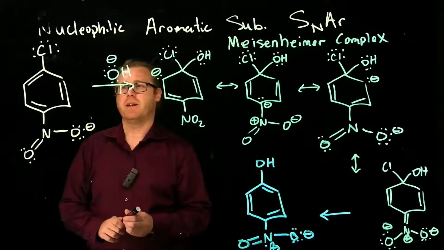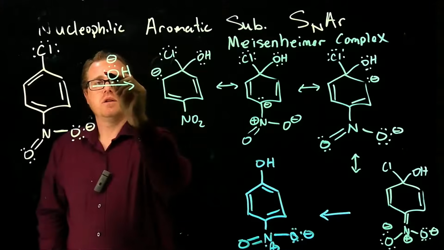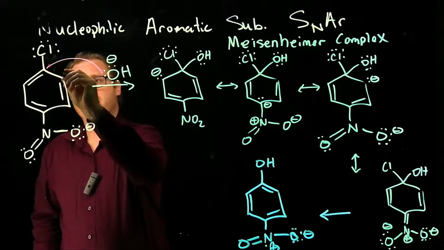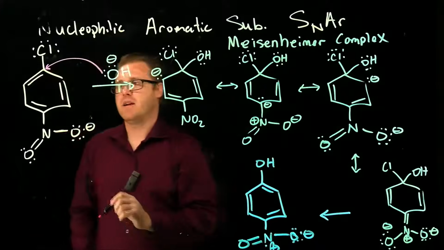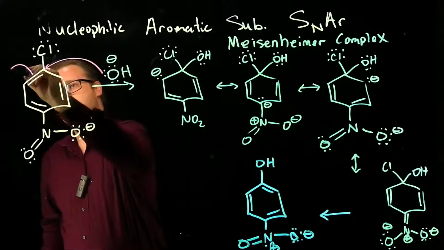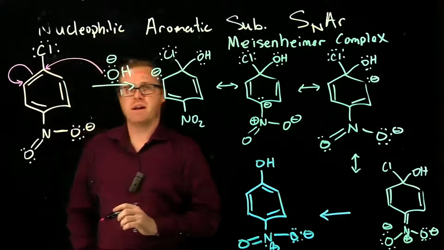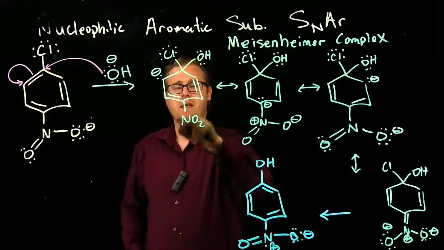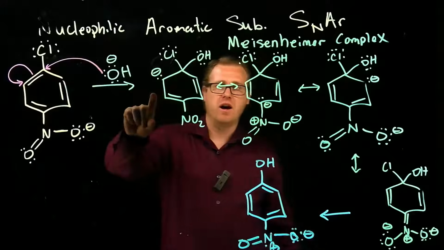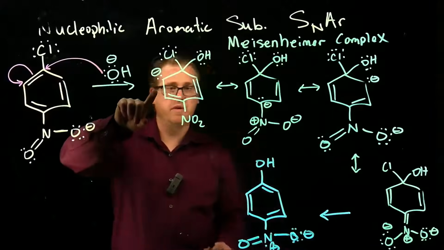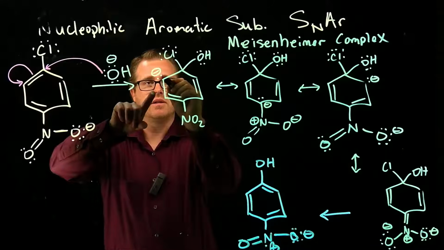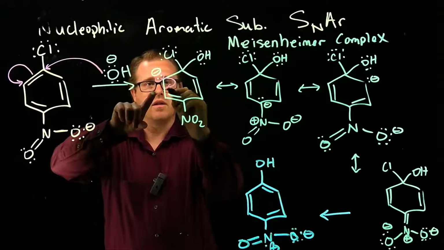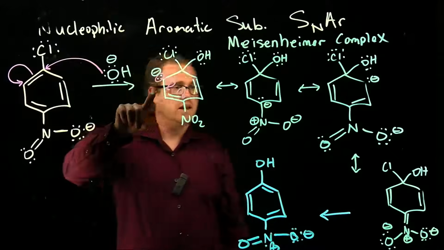So what's going on here? This is going to come in, attack that carbon there, and then take these pi electrons and stick them on that carbon to give us this intermediate right here. Now in the Meisenheimer complex, we are just moving the electrons around in this manner.